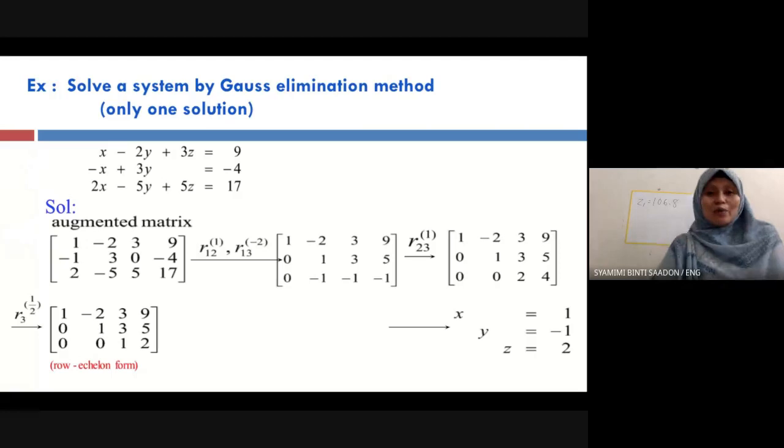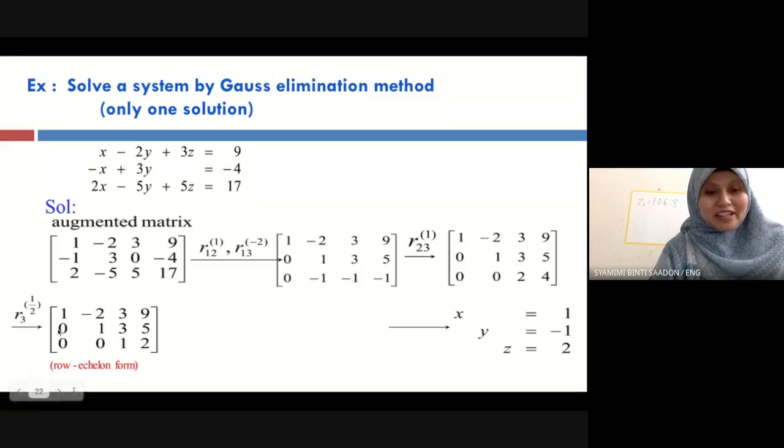This is an example of how you solve Gauss elimination when you have only one solution. This is the linear equation from just now. We try to get a 0 for row 2 and row 3, and then 0 for this component, and the rest.